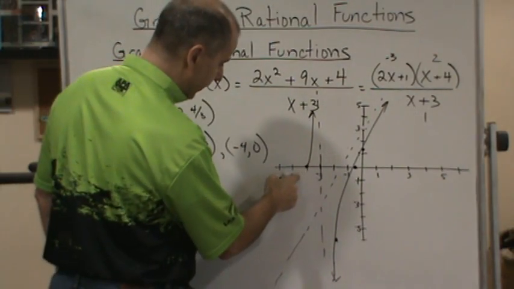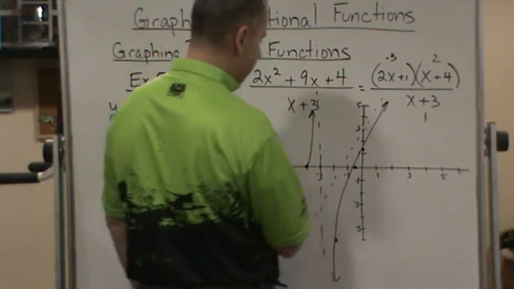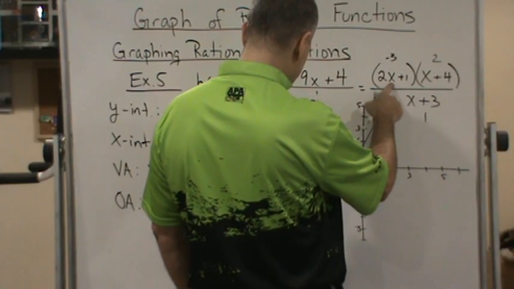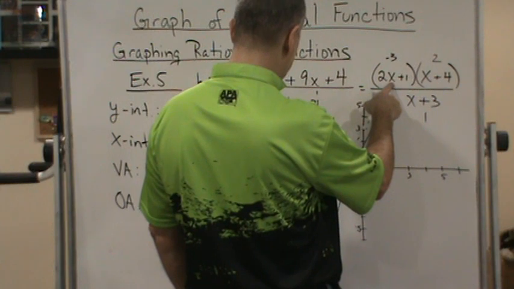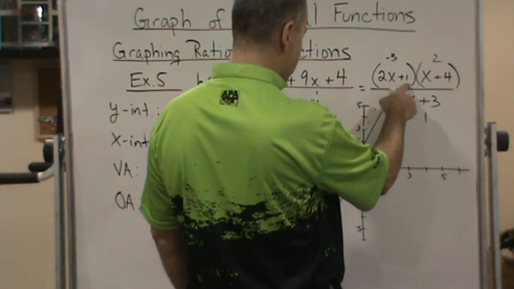Now, it crosses here, but at negative 5, what's going on? At negative 5, we have negative 10, so negative 9.